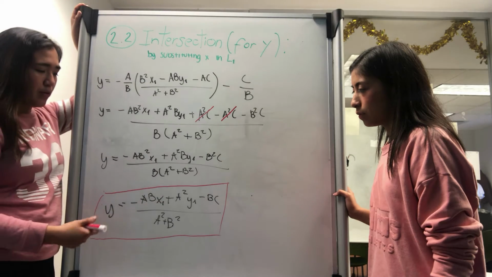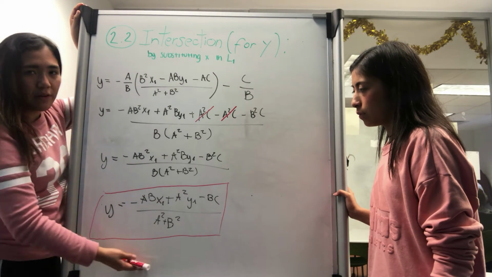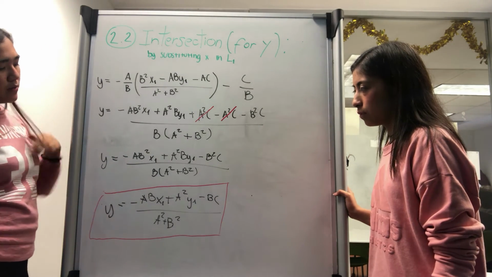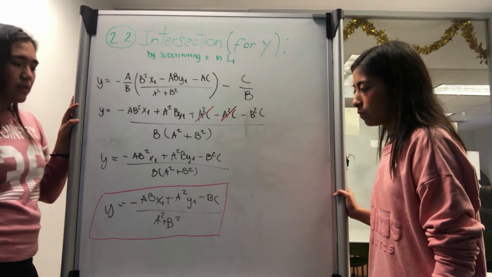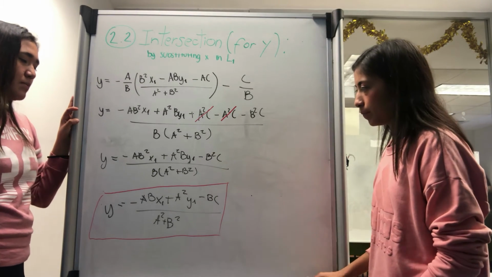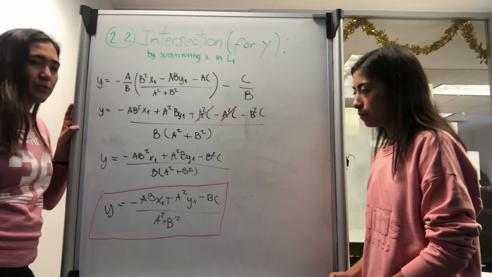And when we cancel the b's, we have our final result: y equals minus abx1 plus a squared y1 minus bc over a squared plus b squared.